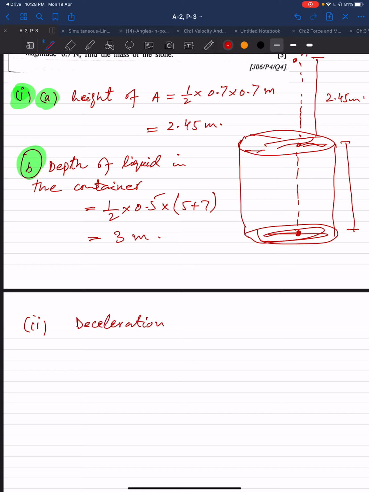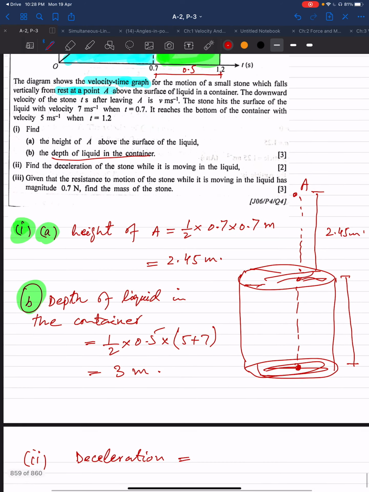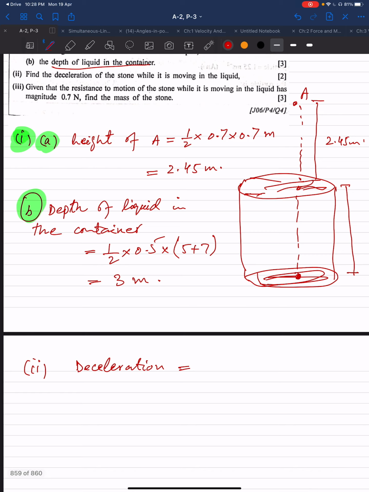So deceleration is equal to rise over run. So what is rise? This is 2 and run is 0.5. So this is 2 over 0.5 meter per second square. So this will be 20 divided by 5, that will become 4 meter per second square.